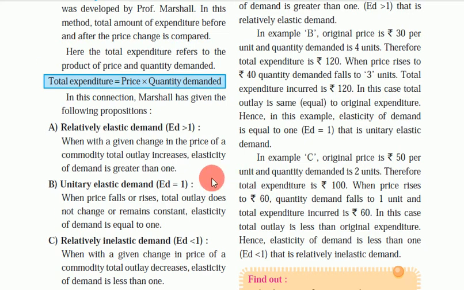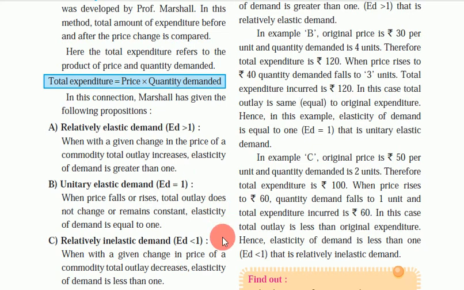What will be the unitary elastic demand? When we get the answer equal to 1. Equal to 1 means the percentage change in quantity demanded is equal to the percentage change in price, when the total expenditure before and after changing the price changes by the same percentage, then it is unitary elastic demand.